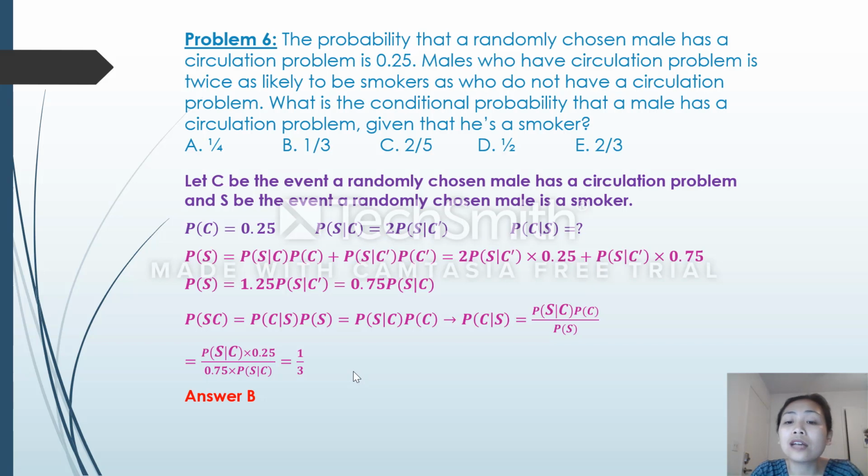C means has a circulation problem, C prime means doesn't have a circulation problem. In the first case, the probability that a person has a circulation problem is probability of C. Then the probability of being a smoker given circulation problems is probability of S given C. So we multiply them together to have the first case, do similar for the second case, and combine them together. We have probability of S.